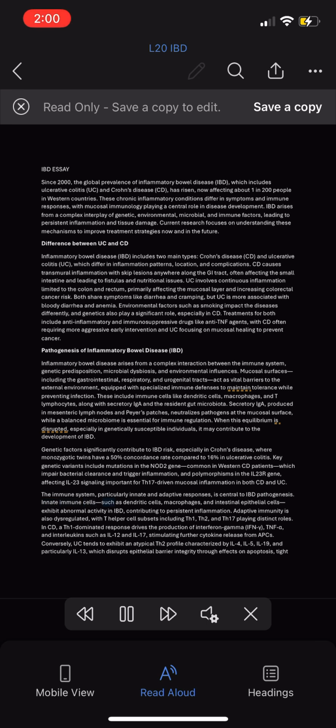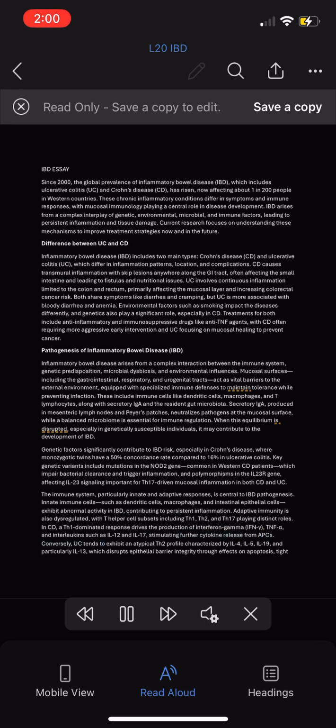Innate immune cells such as dendritic cells, macrophages, and intestinal epithelial cells exhibit abnormal activity in IBD, contributing to persistent inflammation. Adaptive immunity is also dysregulated, with T helper cell subsets including Th1, Th2, and Th17 playing distinct roles. In CD, a Th1-dominated response drives the production of interferon gamma, IFN-γ, TNF, and interleukins such as IL-12 and IL-17, stimulating further cytokine release from APCs.